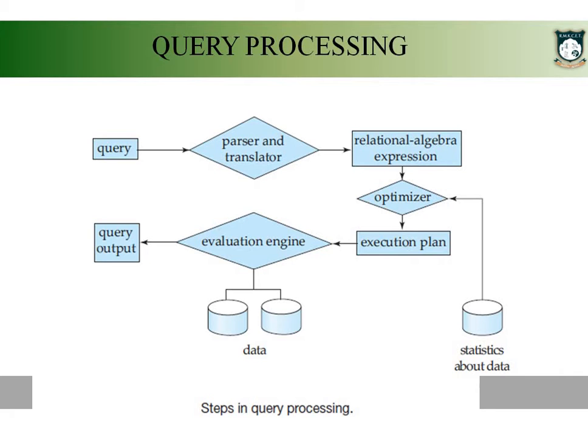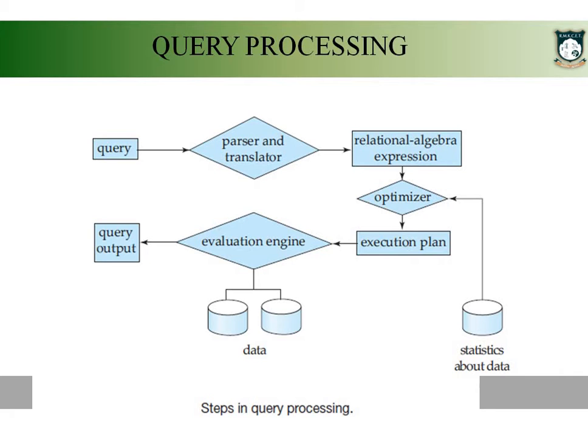Now this algebraic expression is given to the next component called optimizer. The optimizer has two tasks. The first task is identifying all the equivalent algebraic expressions which are going to give the same result.